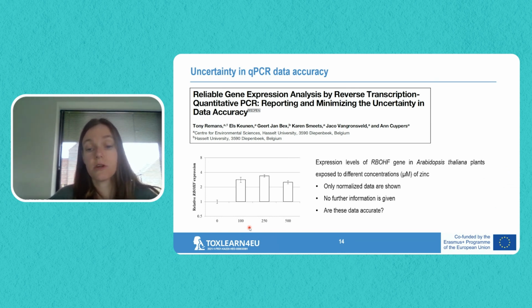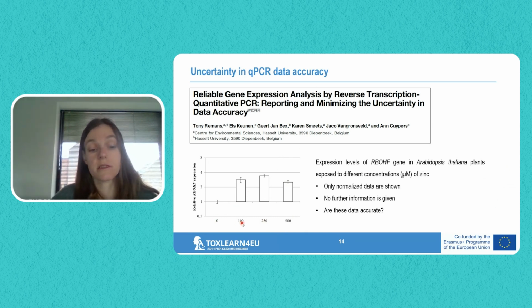RBOHF is a pro-oxidative gene. And this expression was measured in Arabidopsis thaliana plants that were exposed to different concentrations in the micromolar range of zinc. And the data that are shown here are normalized data. So after data normalization using certain reference genes, but no further information is given.